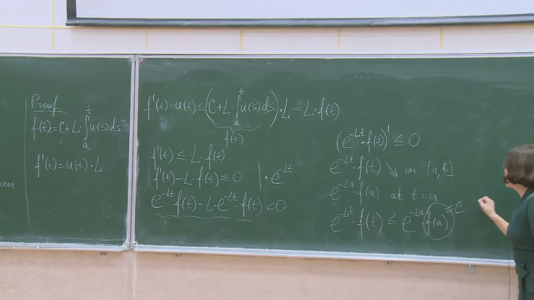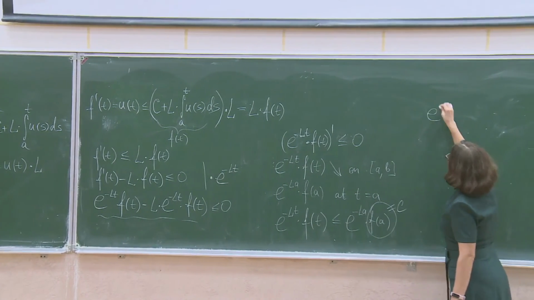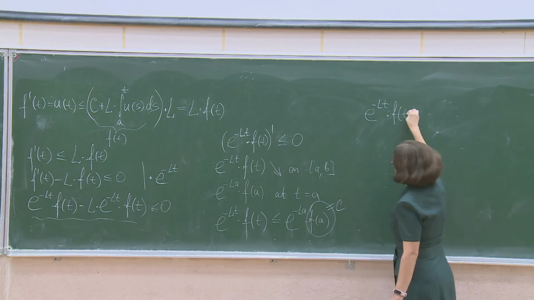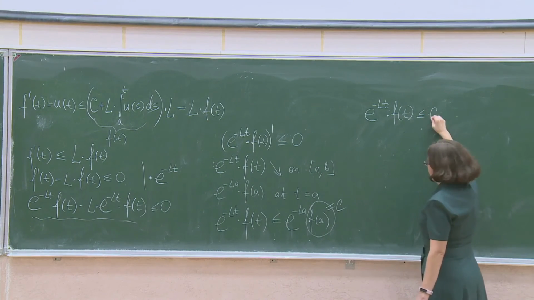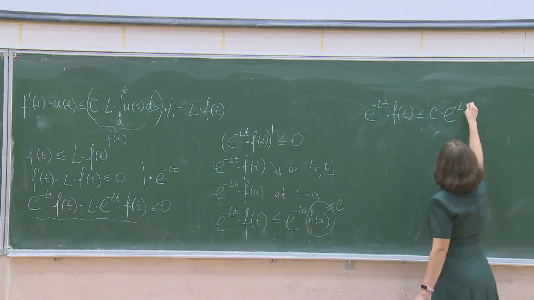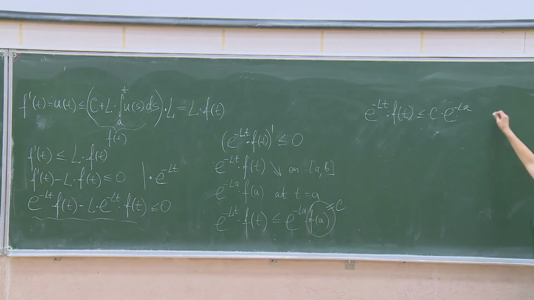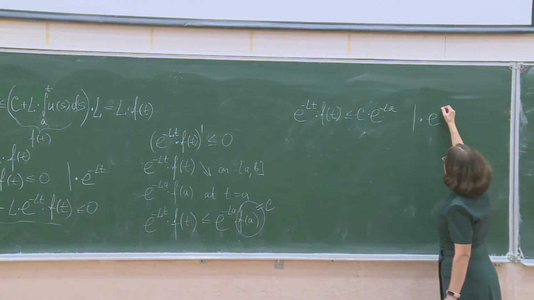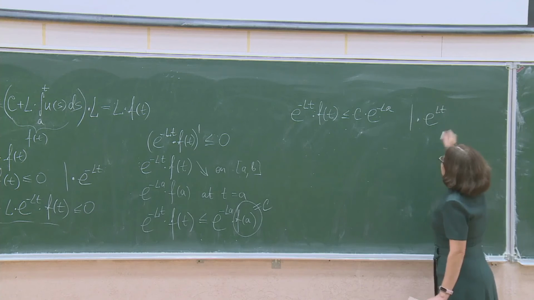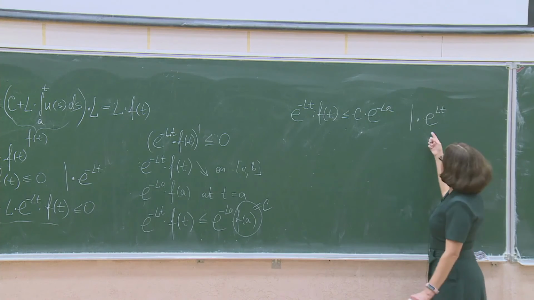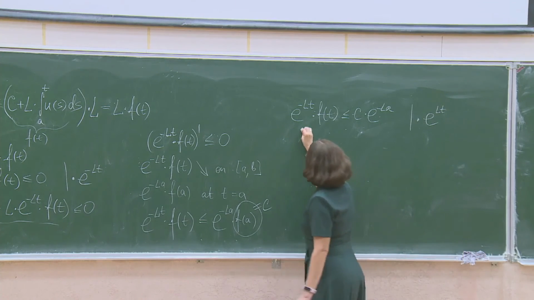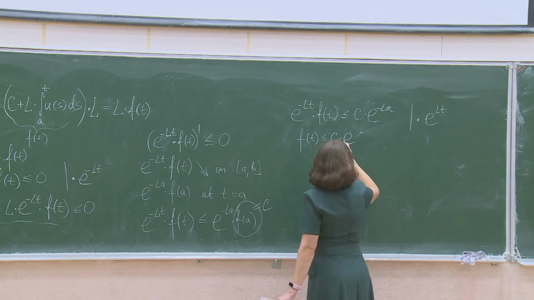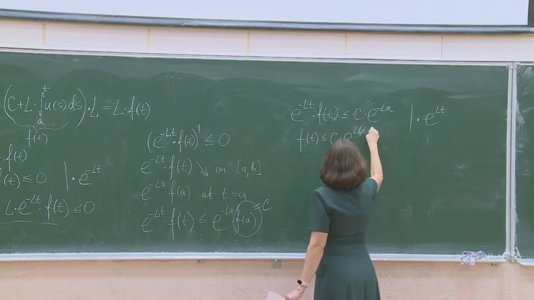Then e to the power minus Lt times f of t doesn't exceed c times e to the power minus LA. And then I will multiply both sides by e to the power Lt, and I will have f of t is less than or equal to c times e to the power L times t minus A.